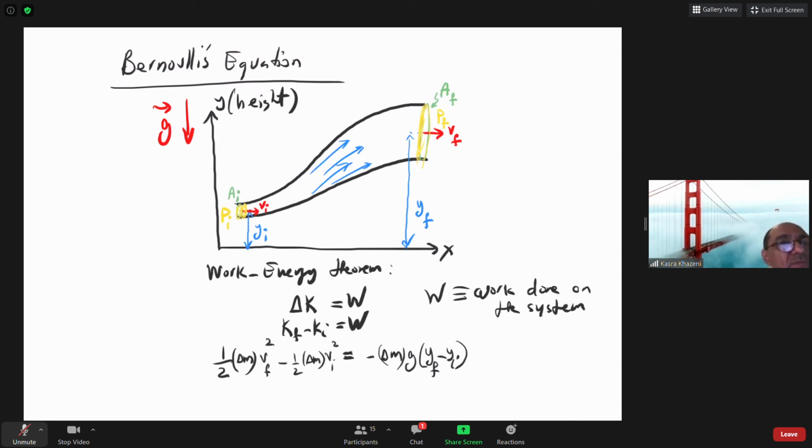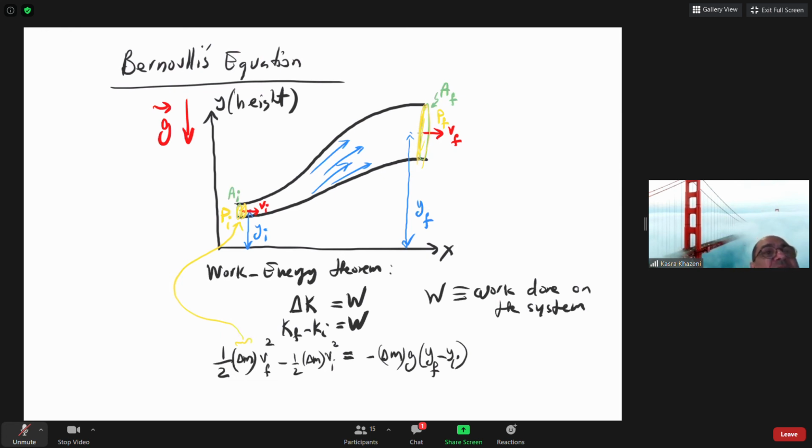Maybe I should show that. That's delta m. As that delta m moves up and ends up at the right hand side at the very top of the pipe, the amount of work done on it by gravity is minus mg h, and h is the difference between the heights. So that one's not that difficult to see.